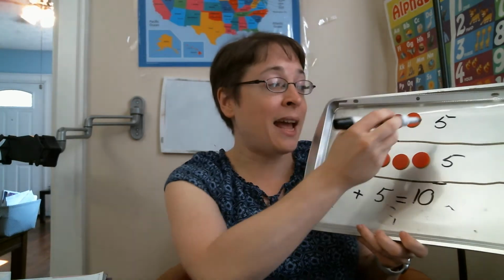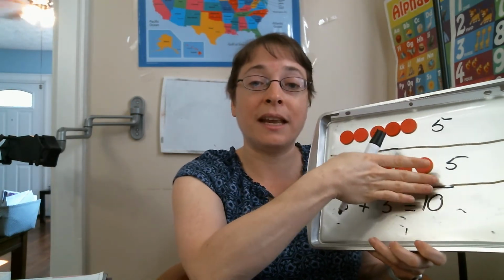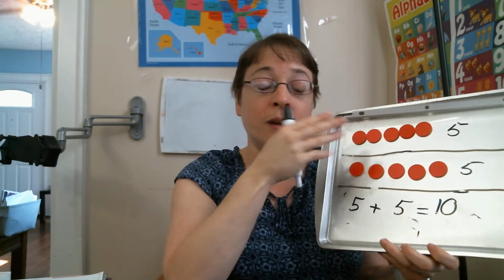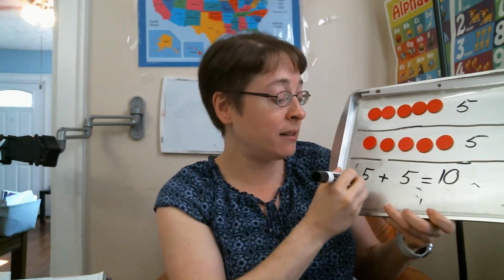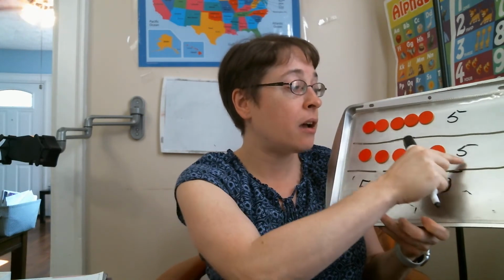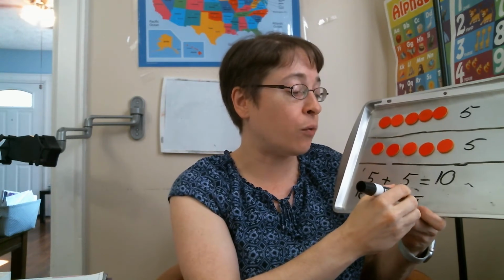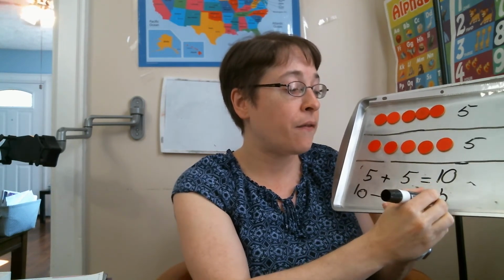All right, so now if I want to only find out how many is in one group, I take 10 minus 5 equals 5.